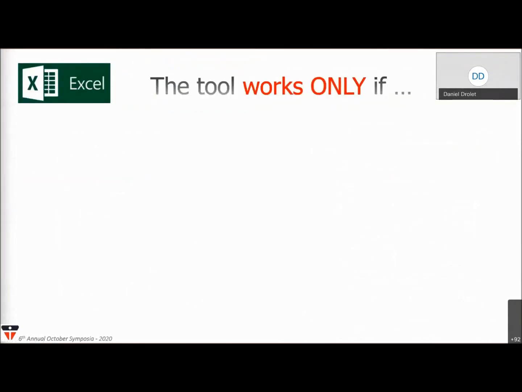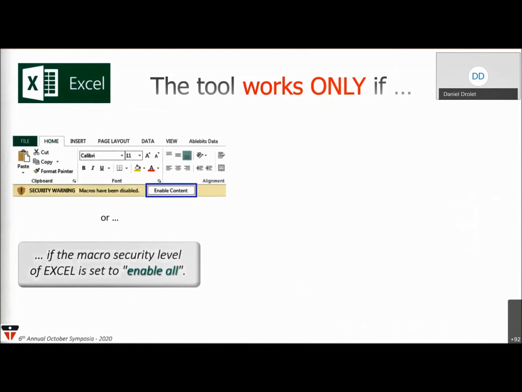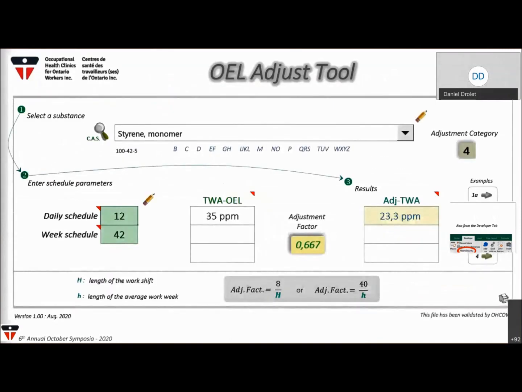So it is important to say that this file works only if, when you open the file, you enable the content because there are macros in this file. So you have to enable the content or set what we call the macro security level to enable. And there is some explanation in the file itself on how to change this parameter.